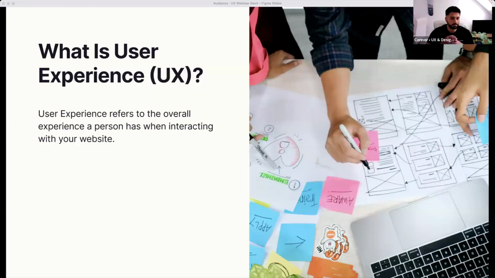Okay, hi everyone. I'm sure many of you are already very familiar with what UX or user experience actually is, but for anybody who's not so familiar, I'm just going to give a brief overview of the concept. UX refers to the overall experience a person has when interacting with a product or a system or a service.